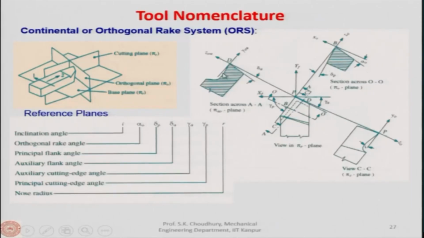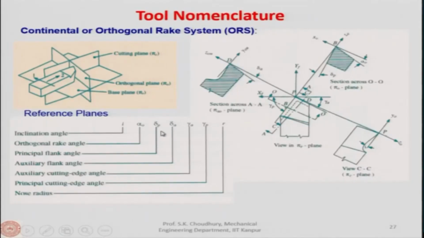You can also say that there is a rake angle, but we do not show the rake angle in this ORS system, because I and alpha 0, the inclination angle and the orthogonal rake angle together, sufficiently and clearly describe the inclination of the rake face.